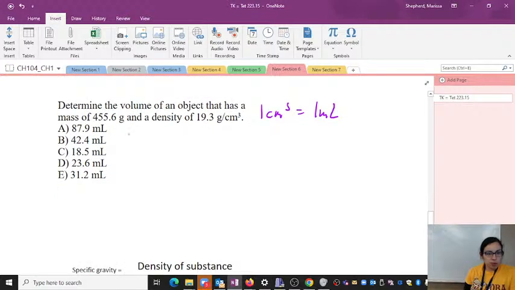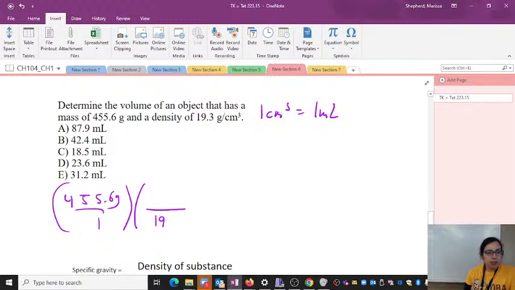Here's where you could use your dimensional analysis again. You could have 455.6 grams, and we're trying to get to milliliters, so we want grams to cancel.